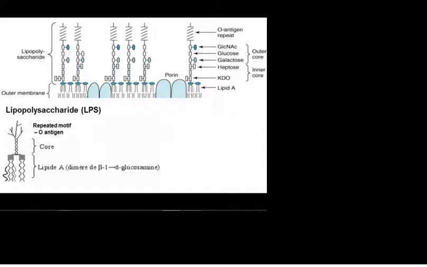And then as you get further up the polymer, the next structure is a kind of repeated motif of sugars. When I say repeated motif, you can have like 3 sugars, or 1, 2, 3, 4, 5 sugars like this, and then this will be repeated dozens of times.